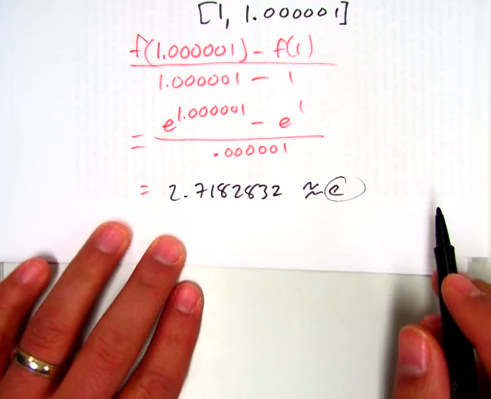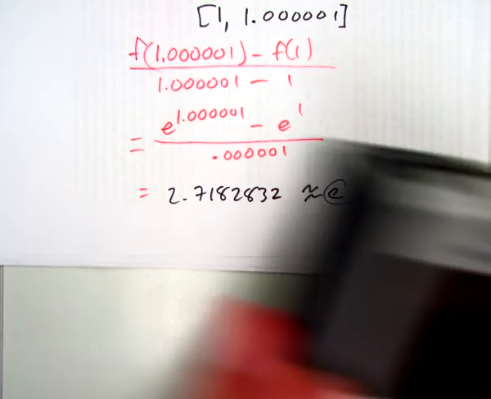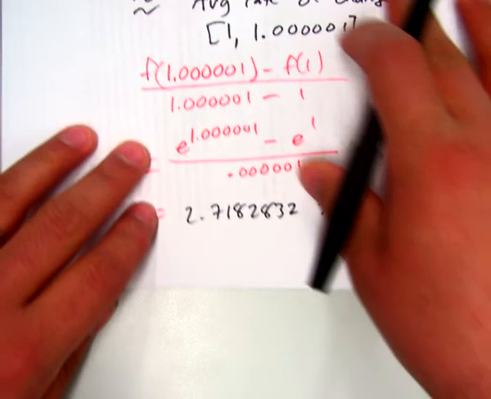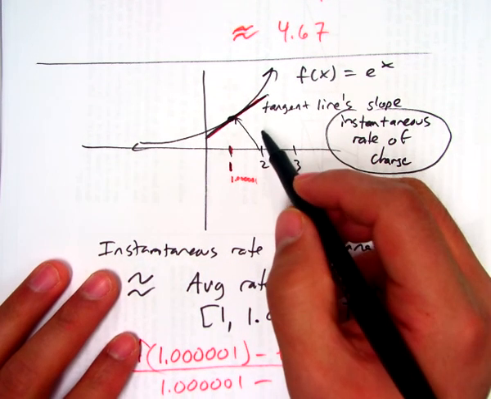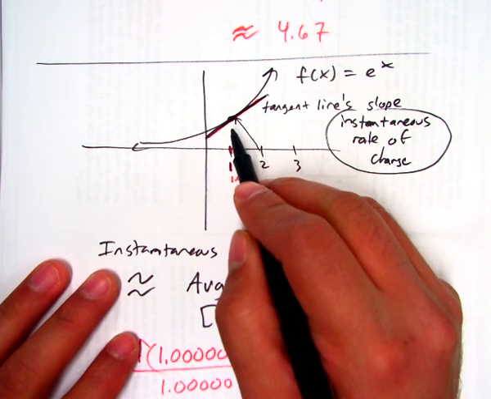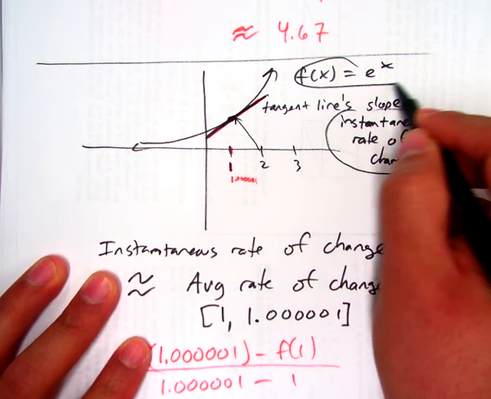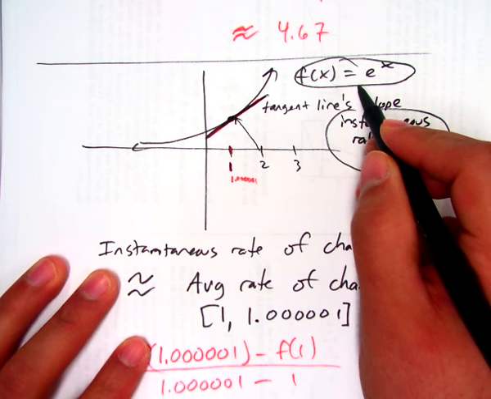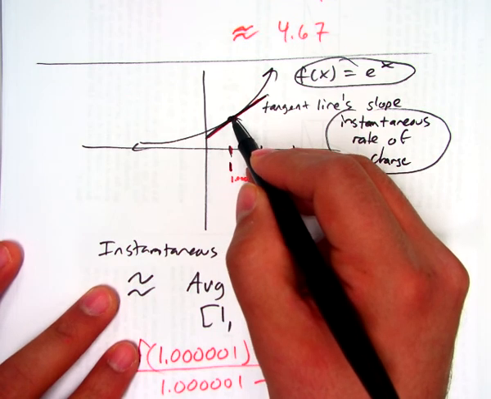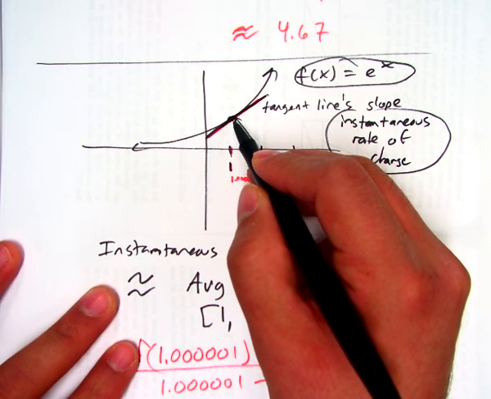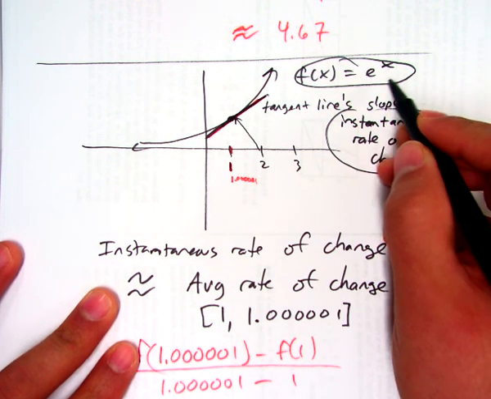In fact, that is the special relationship. Let me go back to this picture here. The special relationship for e to the x is that this is the only function in the entire universe where if you want to figure out a slope or an instantaneous rate of change, you don't have to do anything, because the answer is whatever you get when you plug it in.